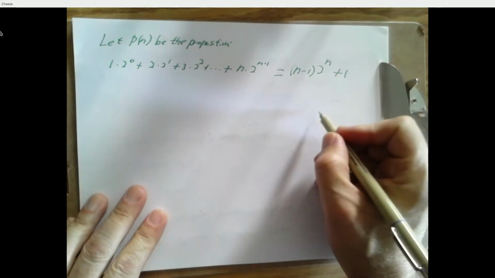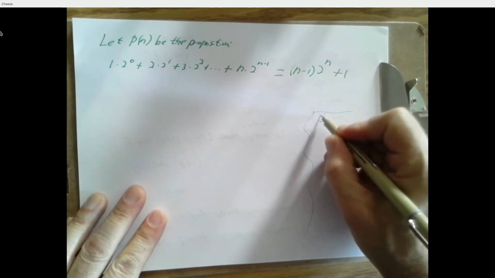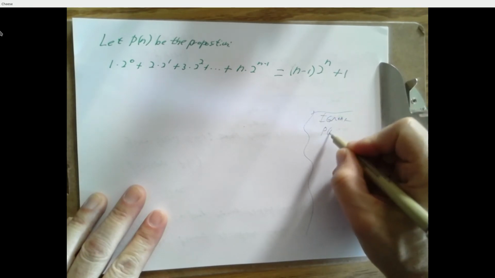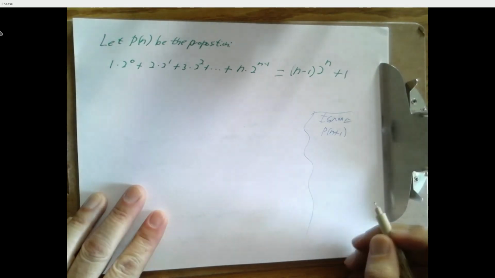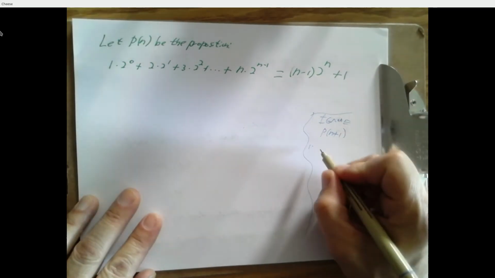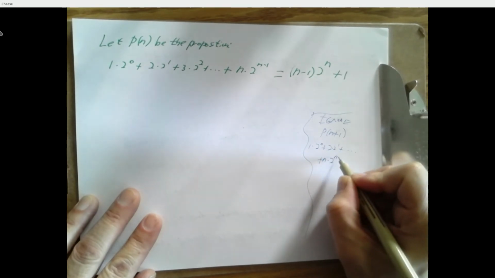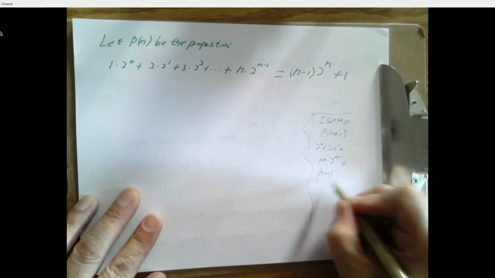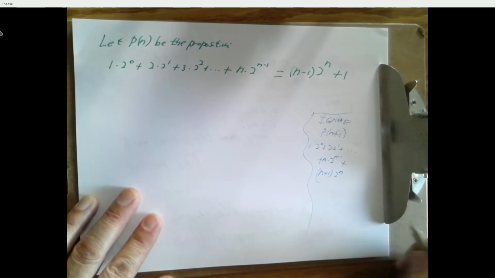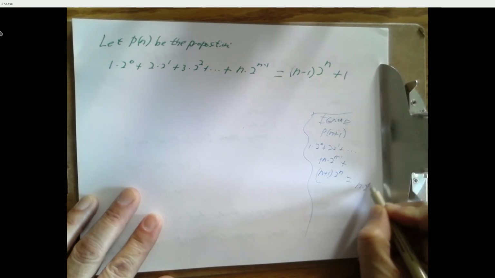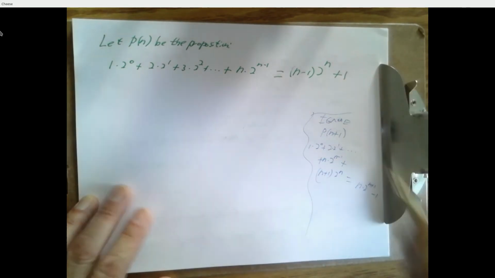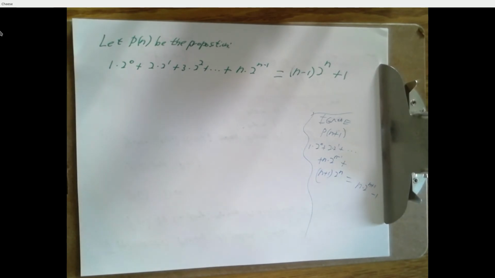As usual, if we look at what P of n plus 1 is saying, it's saying that that thing should be equal to n times 2 to the n plus 1. Is that minus 1 at the end? Plus 1, I swore it was a minus 1. Okay, plus 1.